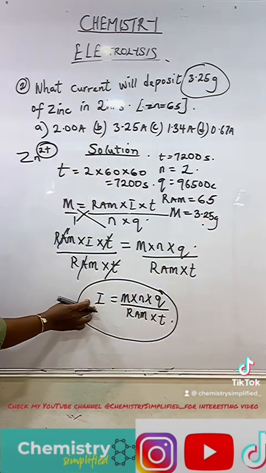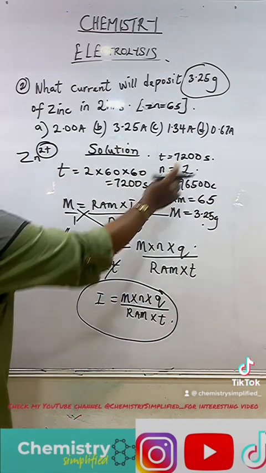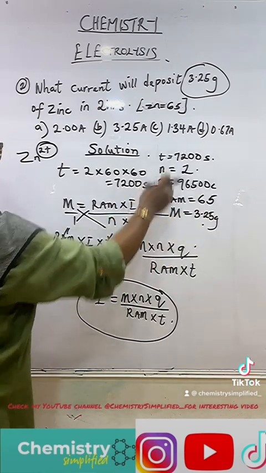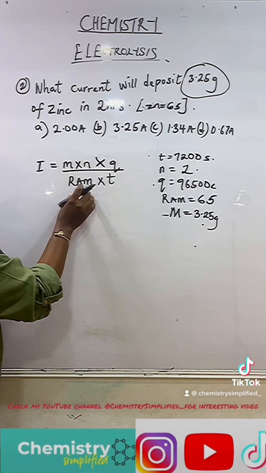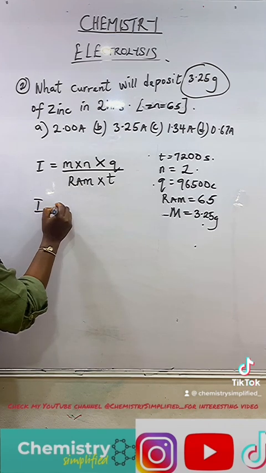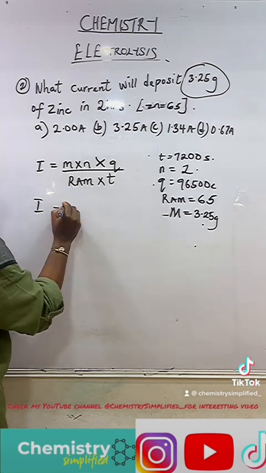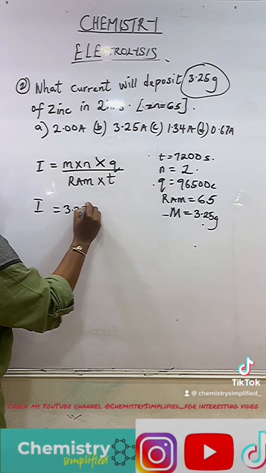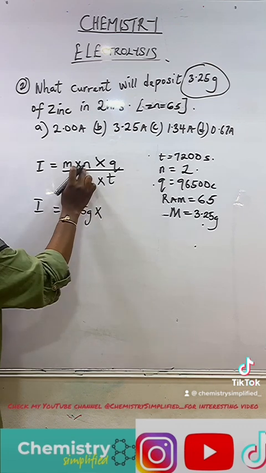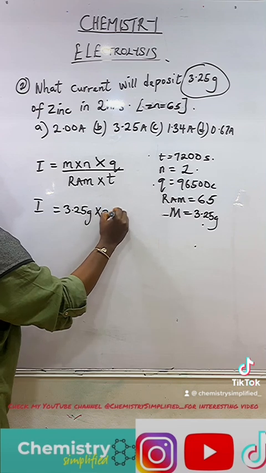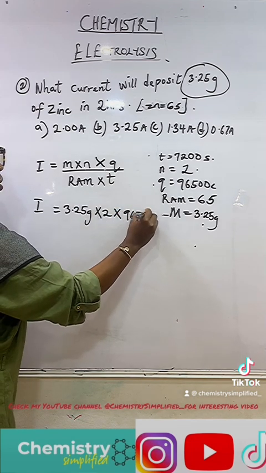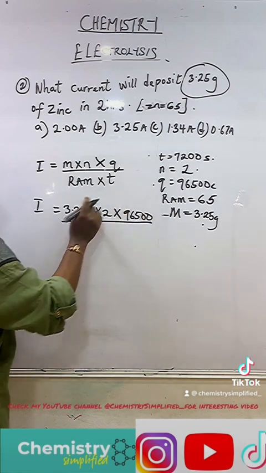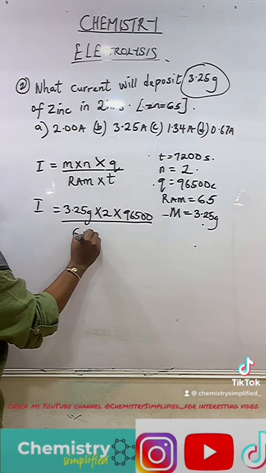So the next thing is to calculate for our I. We are going to input all these figures into this formula. So my I, which is the current, is going to be what? What is my M? 3.25 gram multiplied by my number of charges, 2, multiplied by my Faraday constant, 96500, all over, what is my molar mass? 65, right?